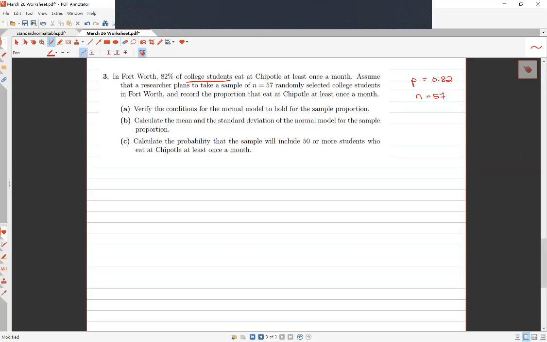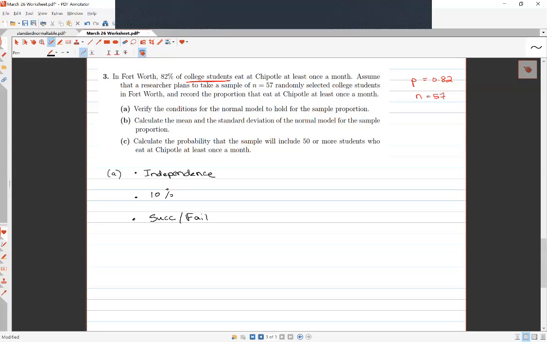So first, we want to start off by verifying the conditions for the normal model. So we'll have the same three conditions: independence, 10%, and success-failure. We want to check these three conditions.